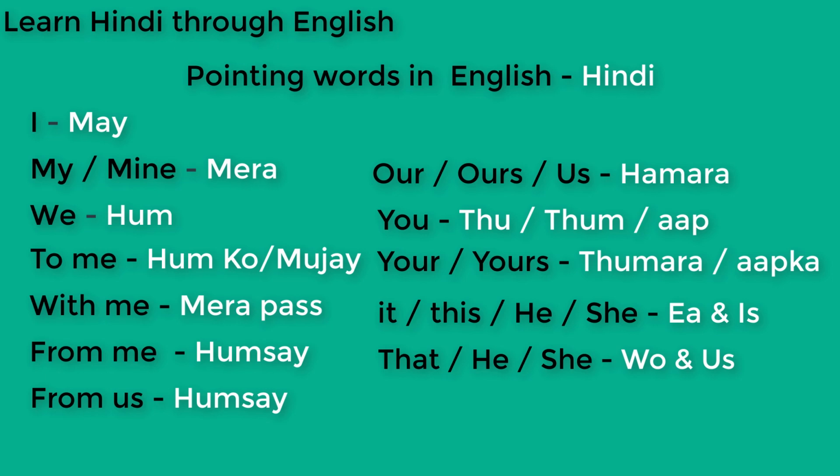We can use this word with the same age group people and strangers. Aap is used for showing some respect. We can use this aap with the elders and seniors in your workplace. If you are not comfortable with the three different words, then you can stick with the single word aap. It is suitable for all the situations.